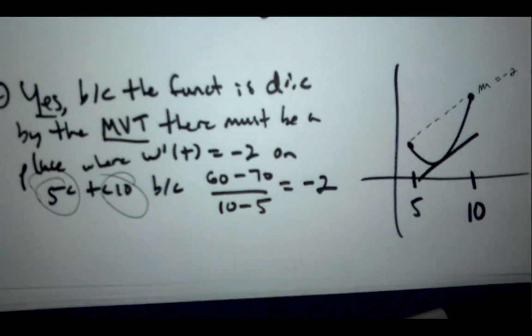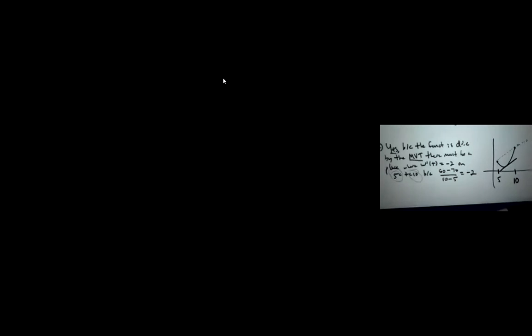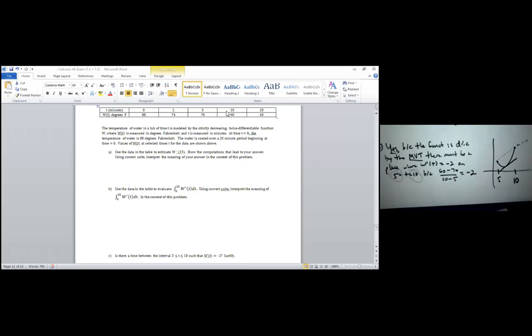Can you also use part A to give you -2, like the 40 minus 60, since you already did all that math in A, as opposed to doing 60 minus 70 over 10 minus 5? No, because for part A, let's go look at that. That's a good question. Check out what we did in part A. Part A, we used 10 to 20 for x values, right?